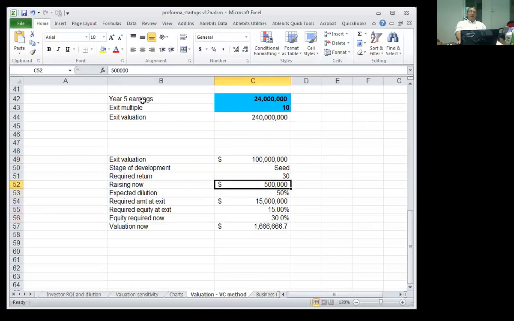Because we know that 500,000 needs to give us 30% equity. So 500,000 equals 30%, and 100% of that same thing equals what? So we can think about it like this: 500,000 equals 30% of what? That's the current valuation, the post-money valuation.